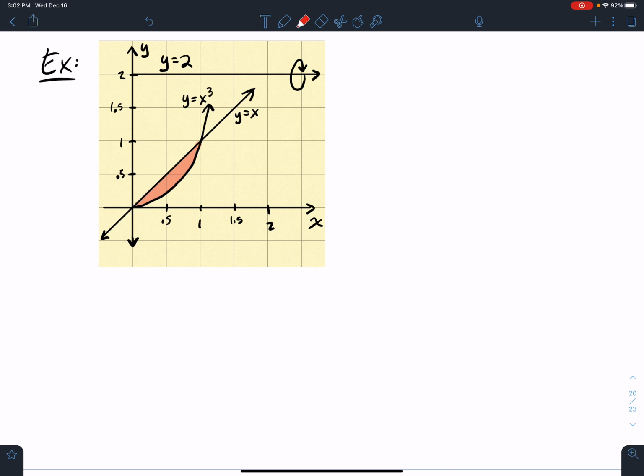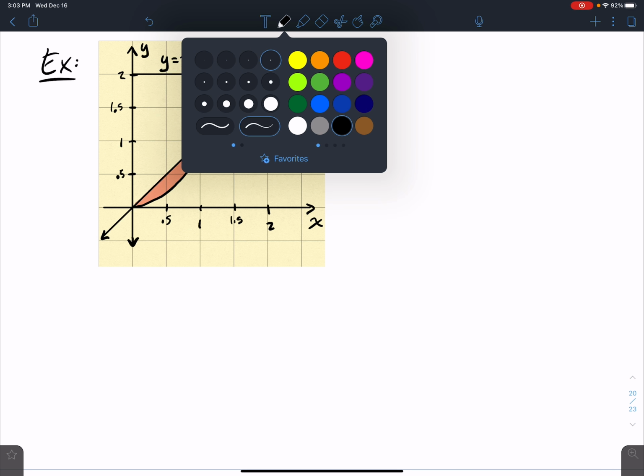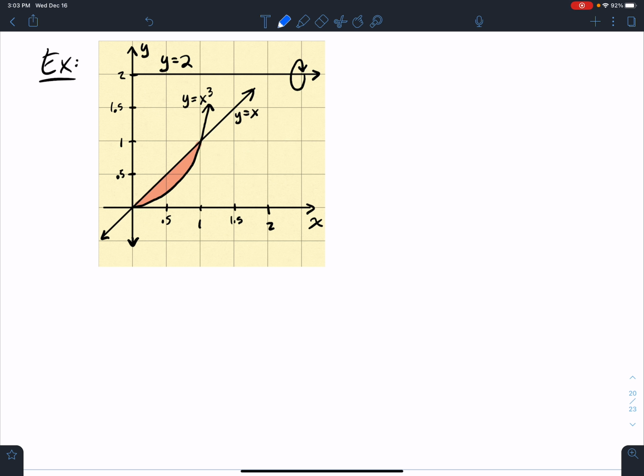Okay, so this is going to be a washer method. When I do washers, I think disk perpendicular. My rectangles here are going to be perpendicular to the axis that you're rotating about.